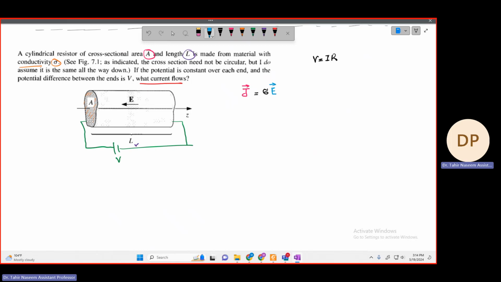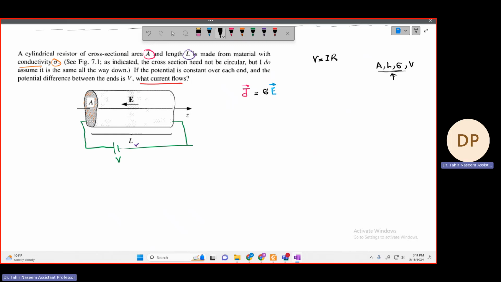How can we find current in terms of these parameters? Cross-sectional area, length, conductivity, and potential. Can we write our current answer in these parameters?